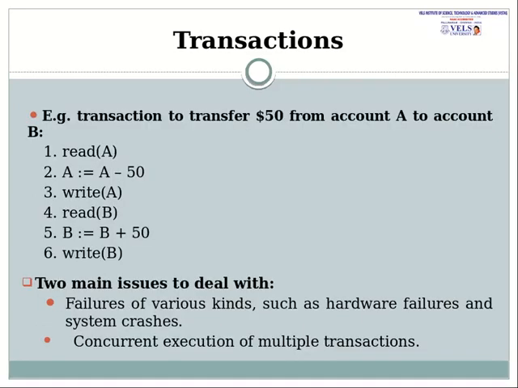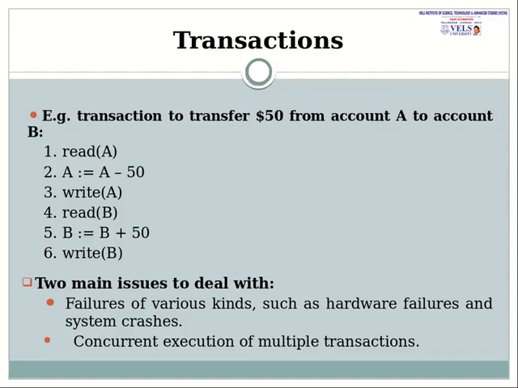For example, a transaction to transfer an amount from account A to account B has 6 steps. The first step is to read account A, and the second is to reduce account A by $50 for account B. Once that amount is reduced from account A, the third step is to write account A. The fourth step is to read B, and you credit that $50 to account B: B equals B plus 50.